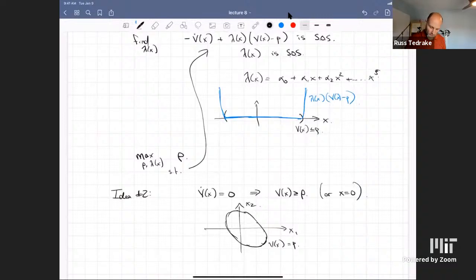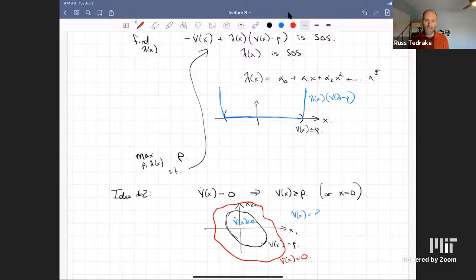I'm trying to certify inside, I want v dot of x less than 0, right? Somewhere outside, I expect v dot of x might be positive, it might be less, okay? But let's say v dot goes up somewhere, okay? But there's some boundary where v dot of x equals 0. And what I need is, because v dot is a continuous function, if it's less than 0 on the inside, anywhere that it is positive must be on the outside.